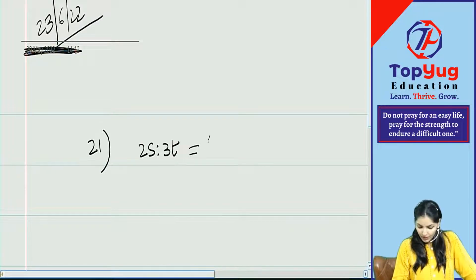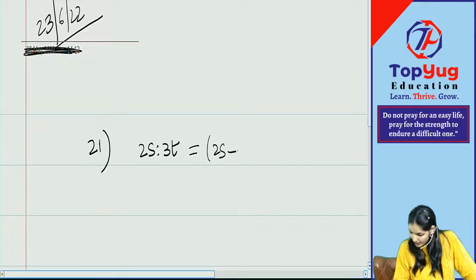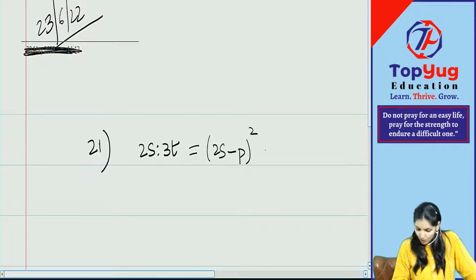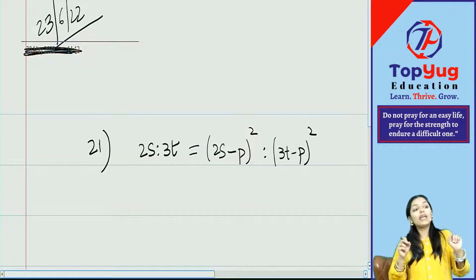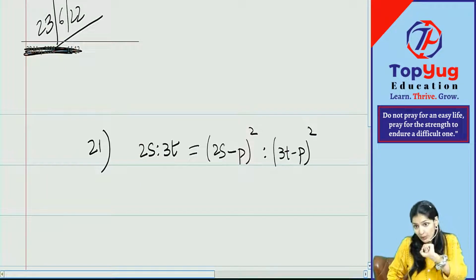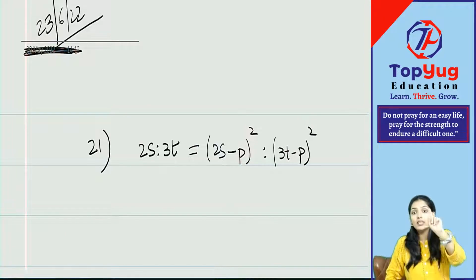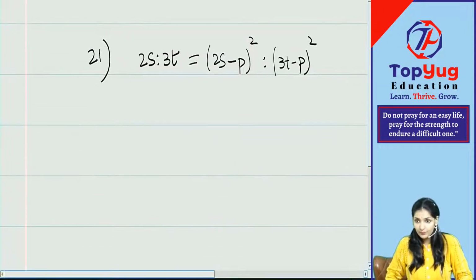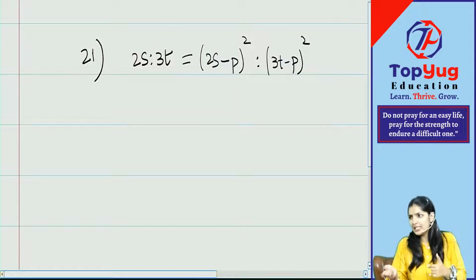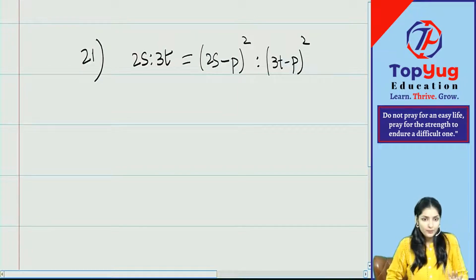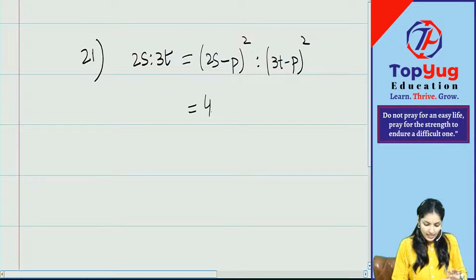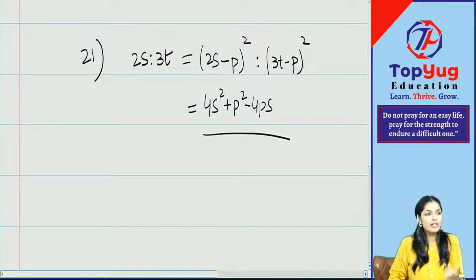If I duplicate 2s minus p is to 3t minus p, then only I'm going to get 2s is to 3t, because we have to duplicate it, as simple as that. So I have to square it. If I square it, I get 4s square plus p square minus 4ps. I'll put it in numerator and denominator form, that would be easier for me.